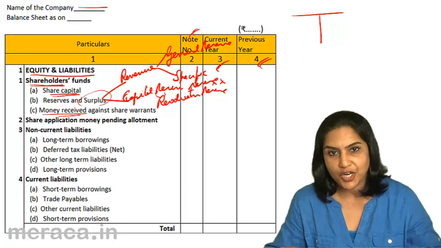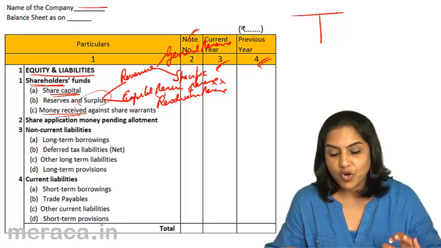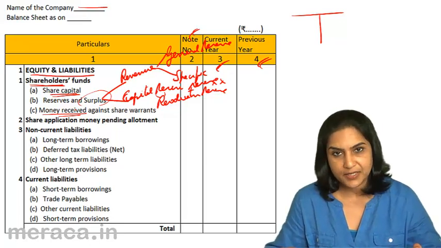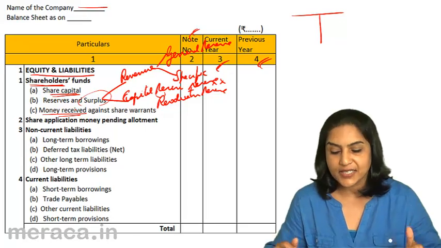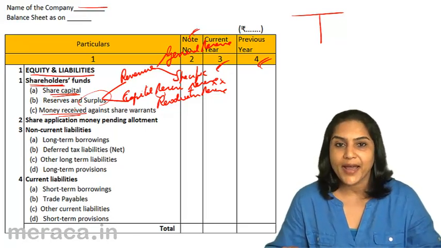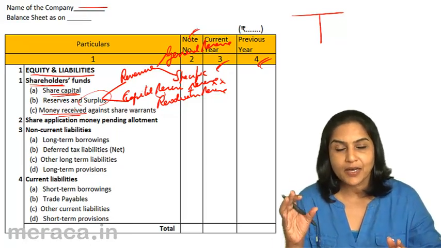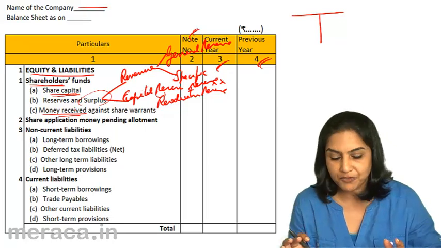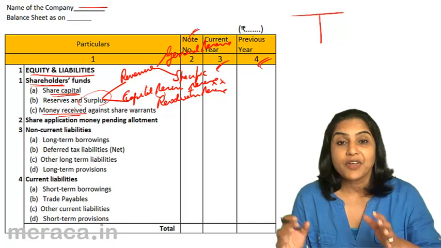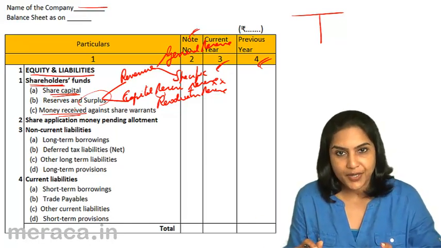received against share warrants. Next, we have an item called share application money, which is pending allotment. When we discuss issue of shares, this would be further clarified. But sometimes, shares being nothing but a share in the capital of the company, we receive the money, but capital has not yet been allotted.